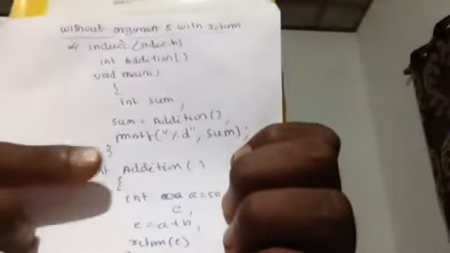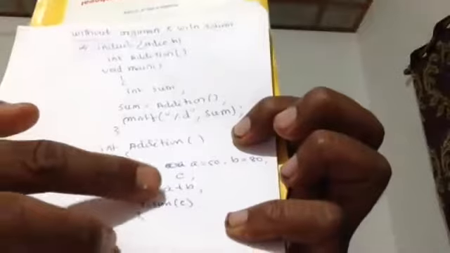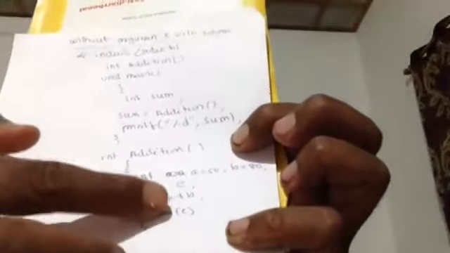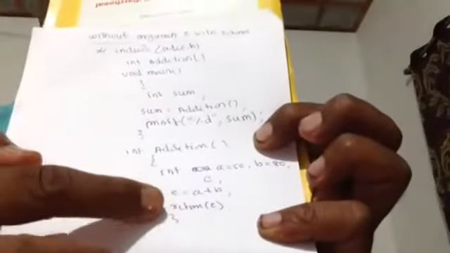Now if you go for the return part, int addition, no argument. Then what is the new variable we use? Int a equal to 20, b equal to 80. Then c equal to a plus b, and c is the new variable. So I declare c equal to a plus b, then return c. So no argument, with return c.